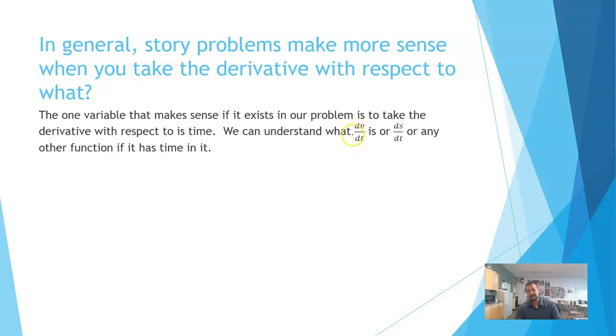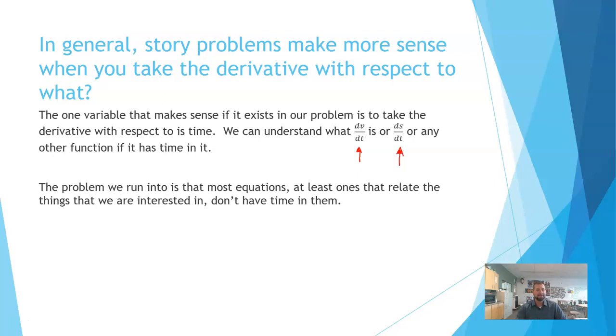When I look at dV dt, that's a change in volume divided by change in time, like cubic feet per second. Or ds dt, meters per minute, something like that. Those make sense because that is how rates are measured. It's always something divided by a change in time, like a unit of time.